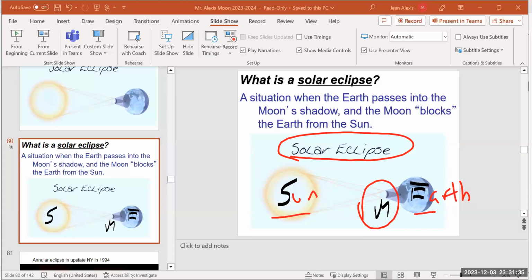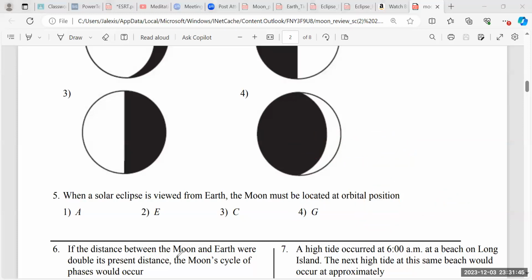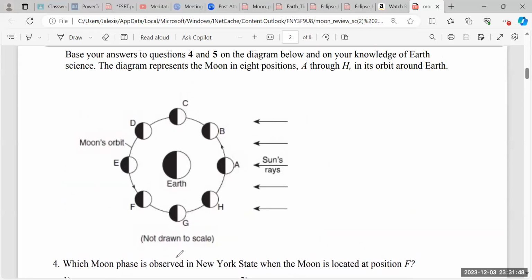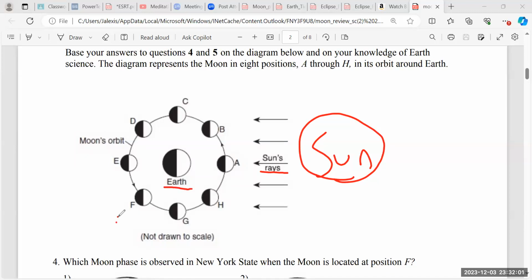Then when we go over to our diagram here, the sun is right here, because the sun's rays are located on the right. The Earth is here. So for a solar eclipse, where must the moon be? The moon has to be between the sun and the Earth.